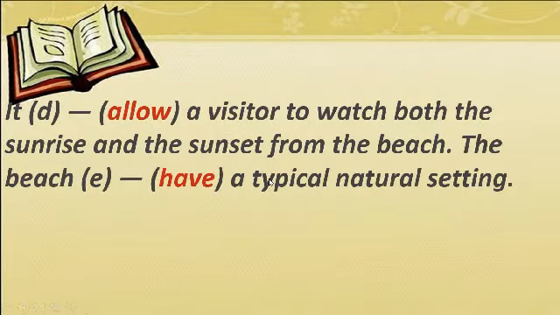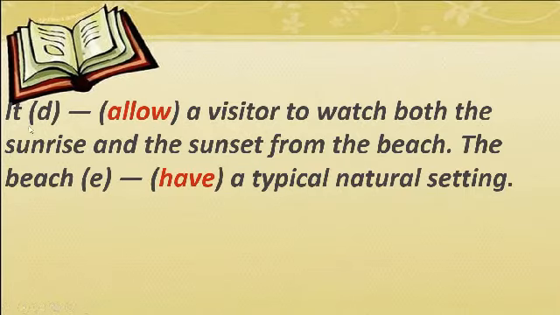Now coming to the next one. It (allow) a visitor to watch both the sunrise and the sunset from the beach. The beach (have) a typical natural setting. Again, here you will find the action verbs, which will be changed according to subject.